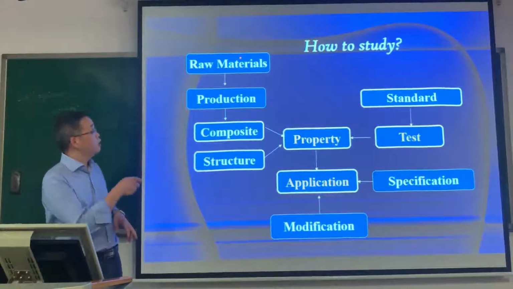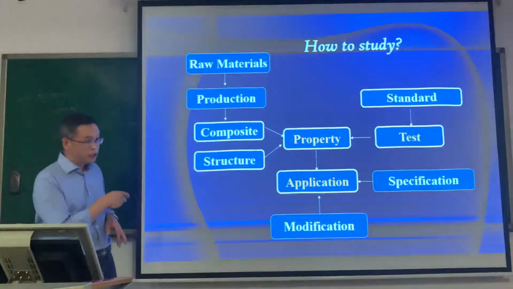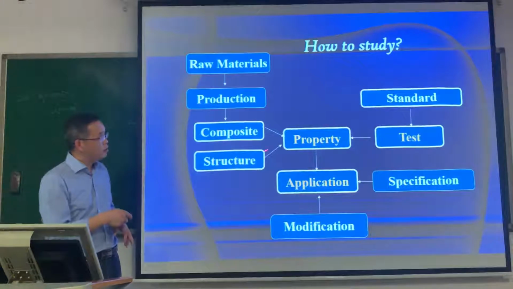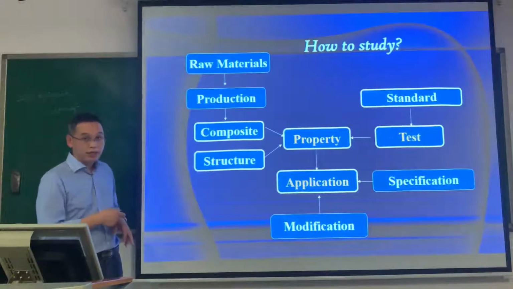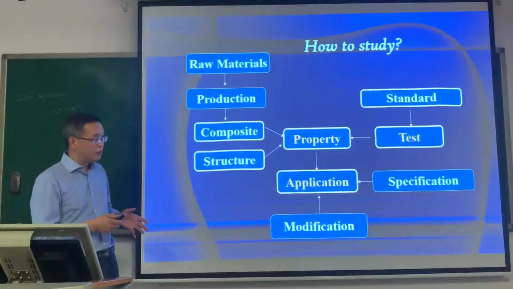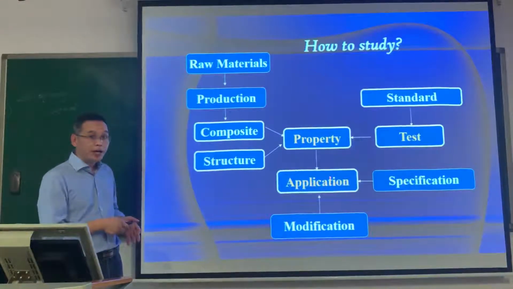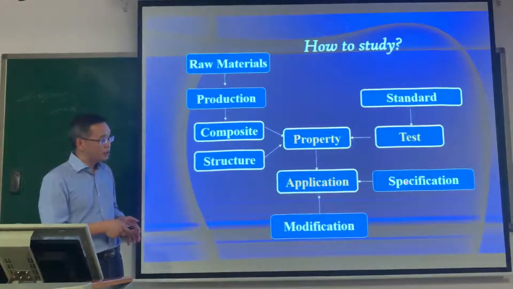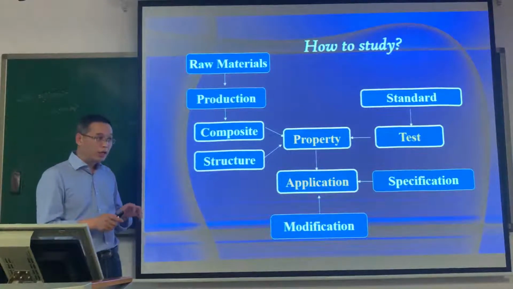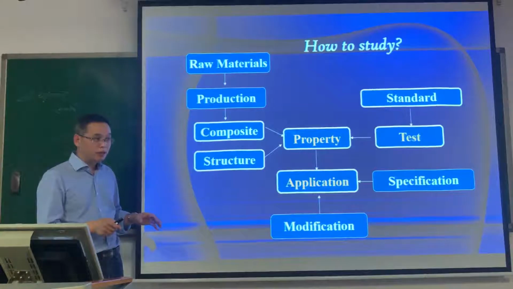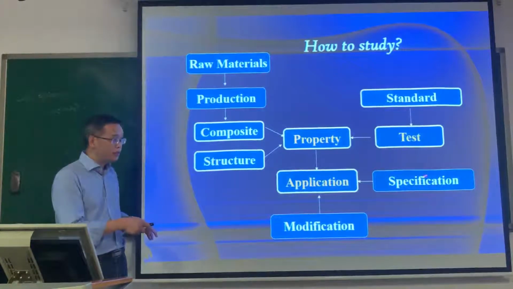We get to meet the raw materials, production, composition, structure, standard, test, and so on. And in the application, we get the specifications, such as the test, about the materials, about the construction. There are a lot of specifications.